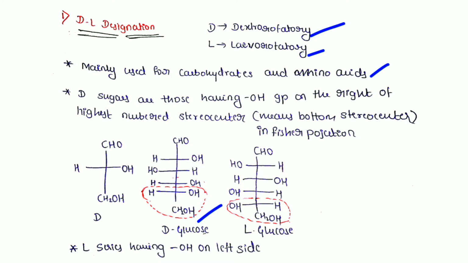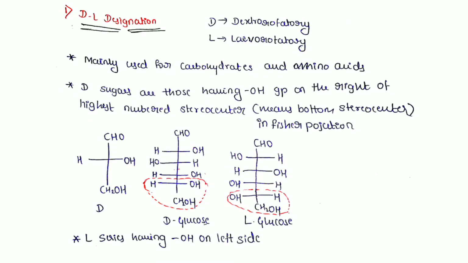In this stereocenter, if the OH group is on the right hand side, we call it a D sugar, or if on the left side, that is called an L sugar. For example, in this case we have a stereocenter with the OH group on the right hand side.